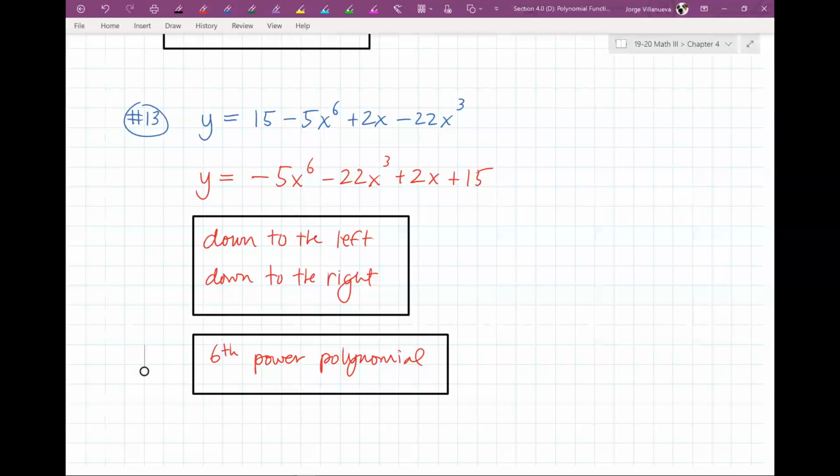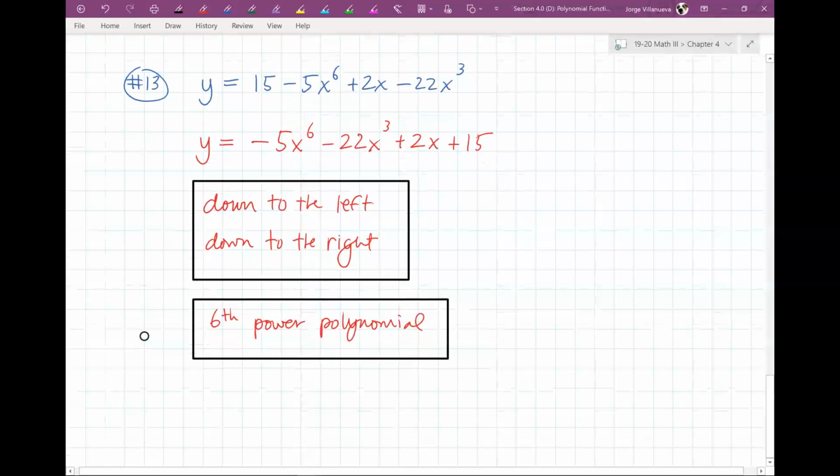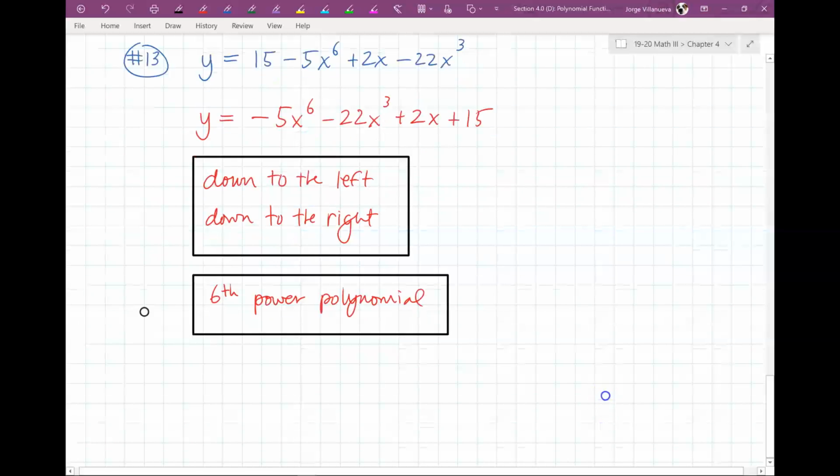Now, aside from that, so far you guys should be able to do 1 through 14, no problem. Turn the paper over, okay? Turn the paper over, and let's look at number 15.